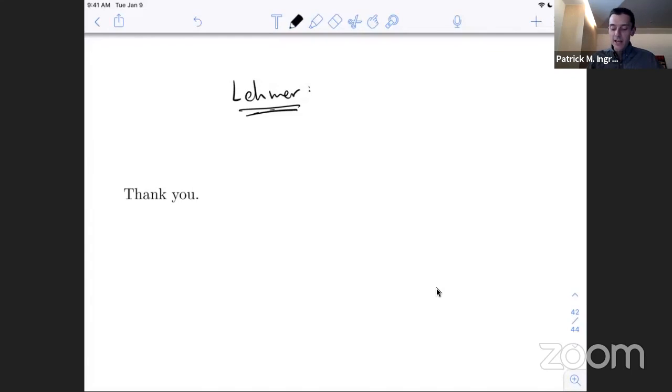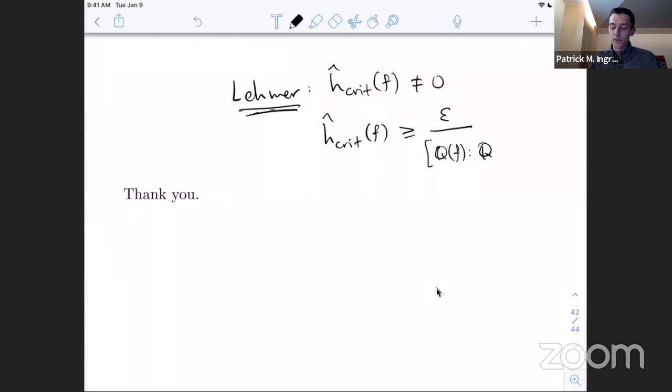So one might conjecture that if the critical height is not 0 for a given endomorphism, then the critical height is at least some constant divided by, let's start over, Q, the degree of the field over which this thing is defined.